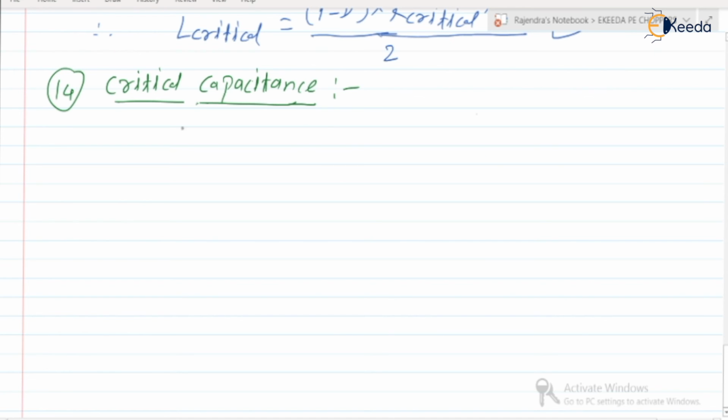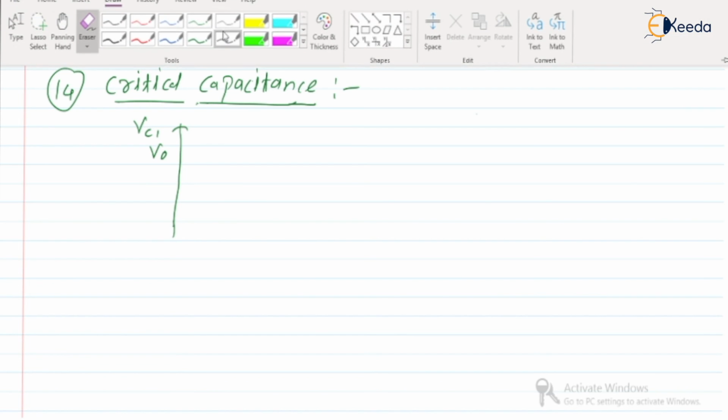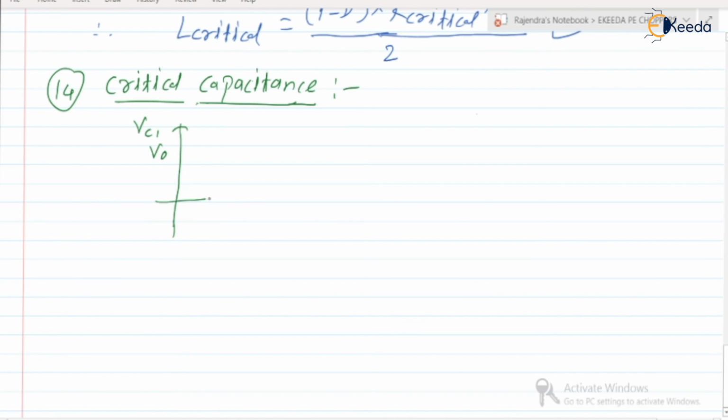Critical capacitance means Vc or V0, because Vc and V0 are same, because the capacitor is connected across the load. Okay, so suppose this is V0, with time t0. Yes, capacitor is charging, discharging, charging, discharging, right? This is for other values.